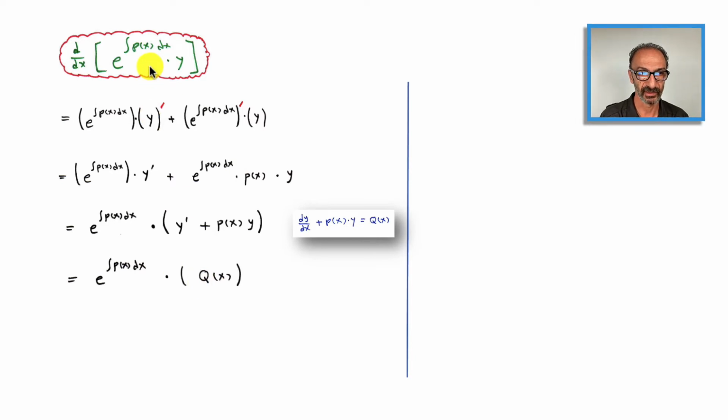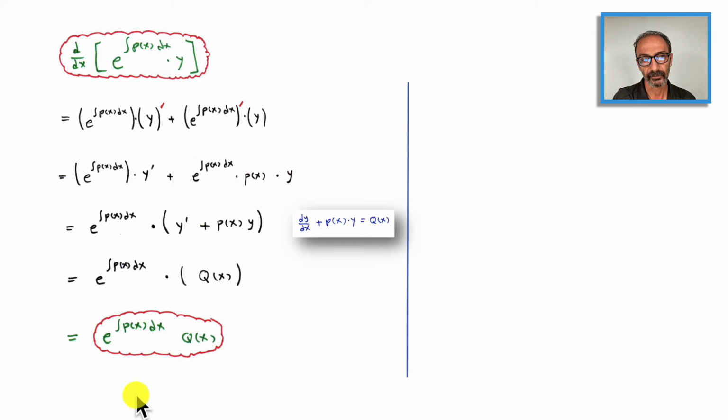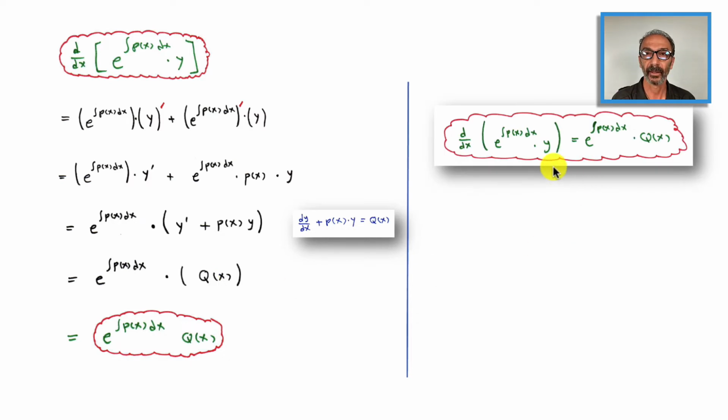Let's connect the first part with the last part. Connecting them together, we have d/dx of the product that we see right here equals e to the integral of p of x dx multiplied by q of x. If you integrate both sides, the d/dx will cancel.